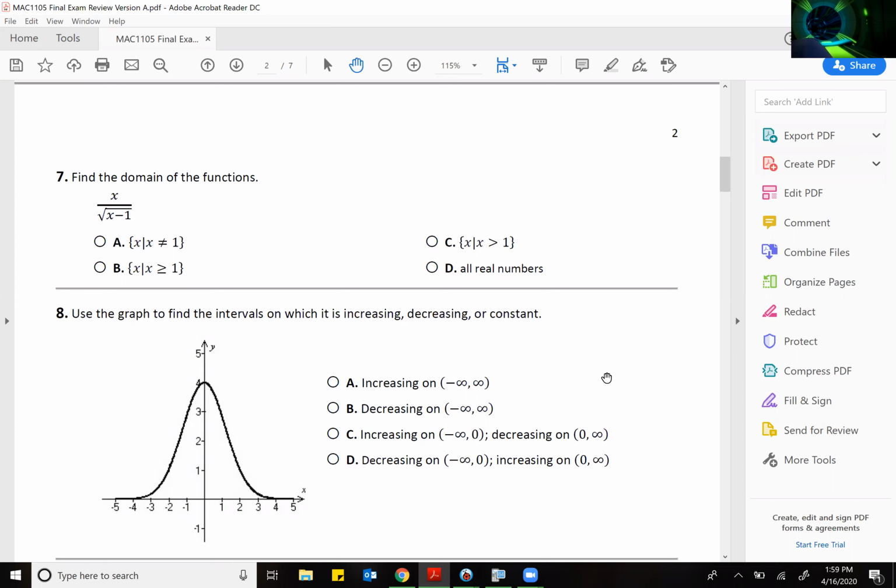Number 8 is coming from 3.3. So they want to know when the graph is increasing, decreasing, and constant.